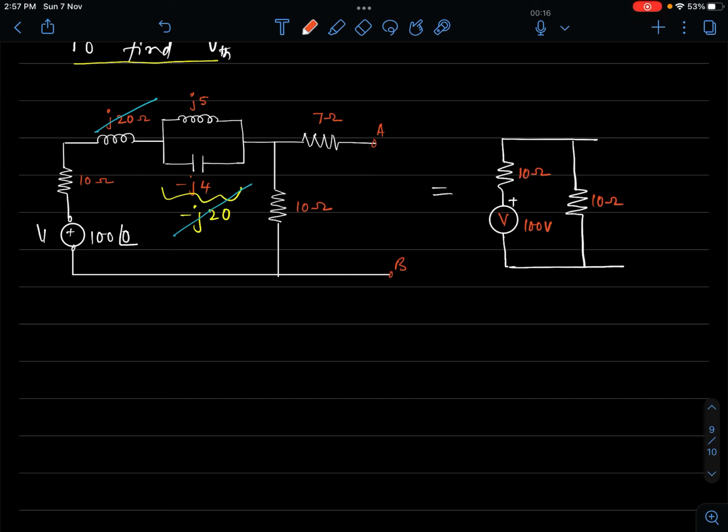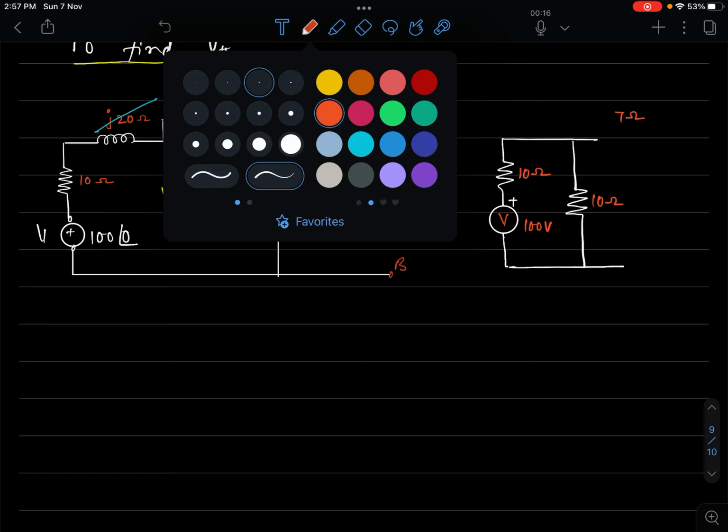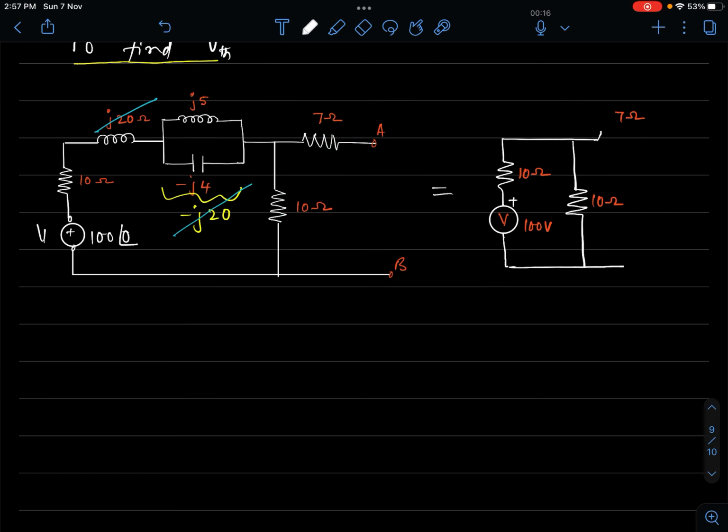This is 10 ohm. This again is 10 ohm. And I have one more 7 ohm here, that also I'll put. A and B.